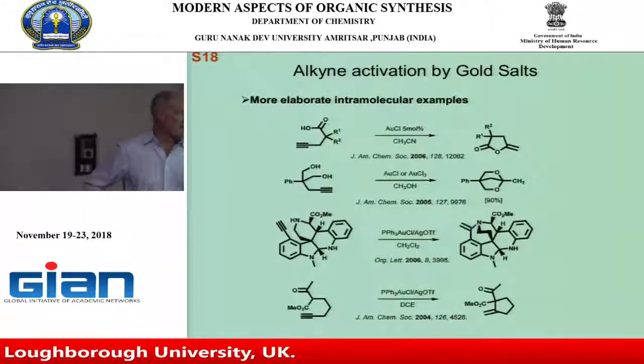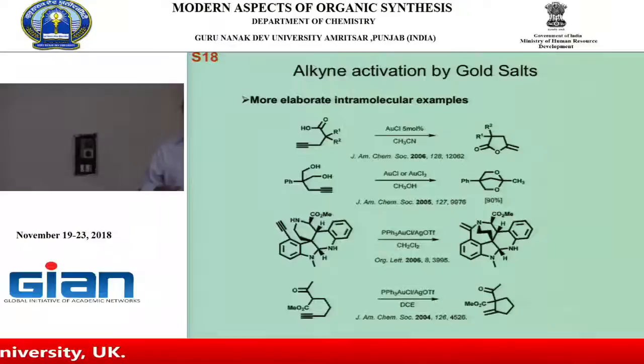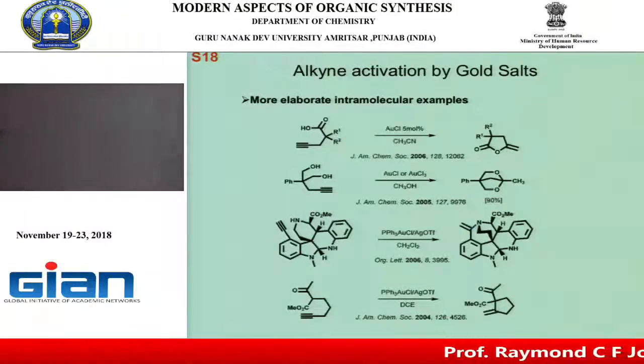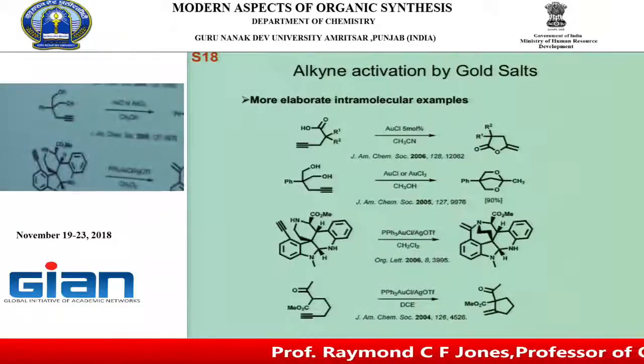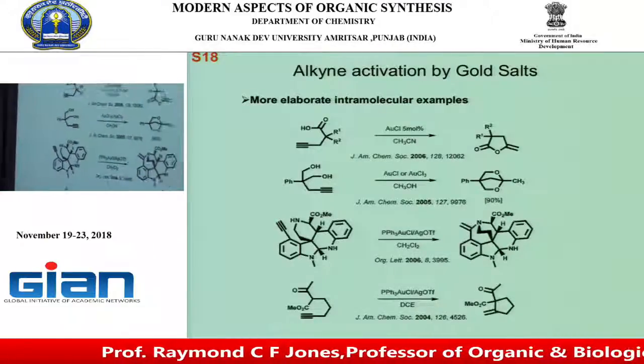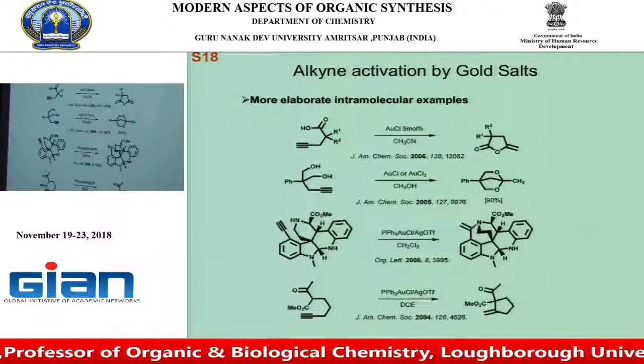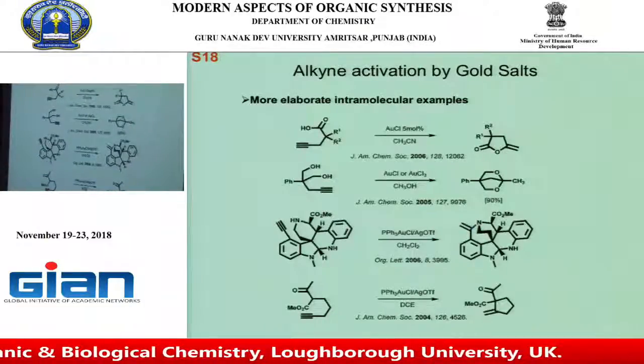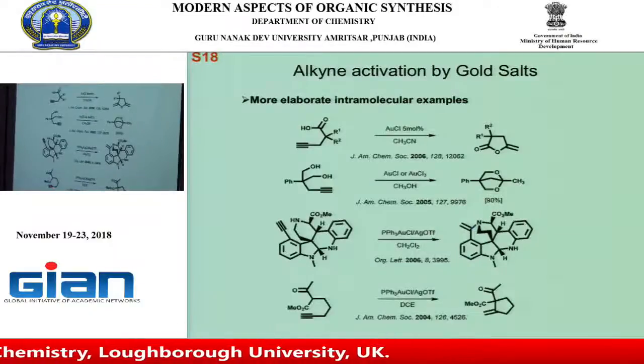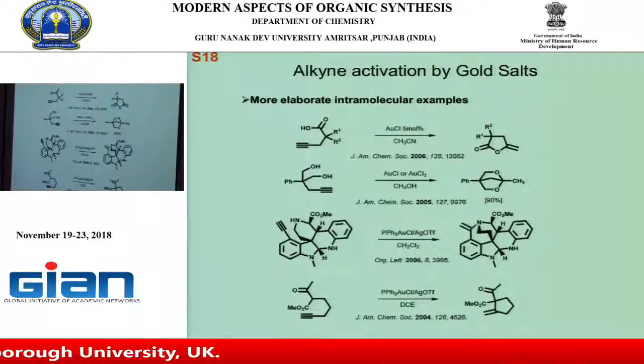You'd need to build a molecular model to see how flexible this system is. I think this is probably quite inflexible. So as I say, in each of those, the nucleophile is added at the substituted end of the alkyne, and the gold at the other end. I don't know how general that is, but it's certainly true of all these examples.